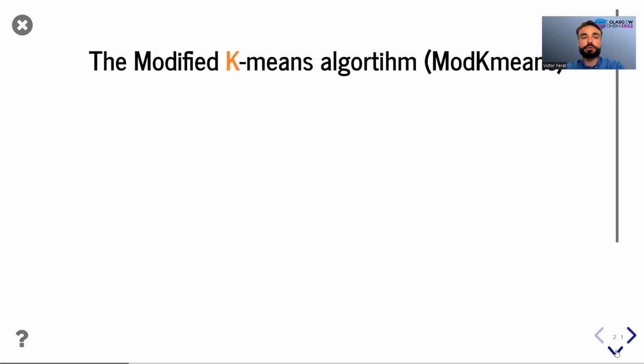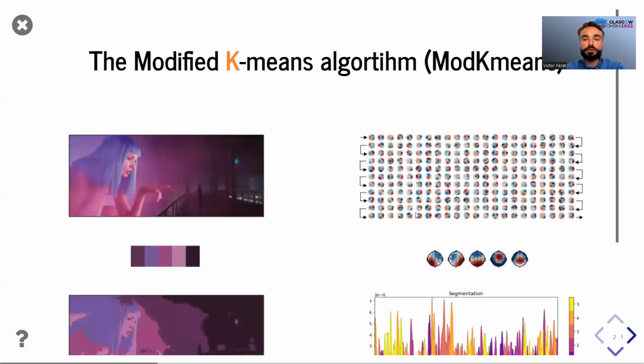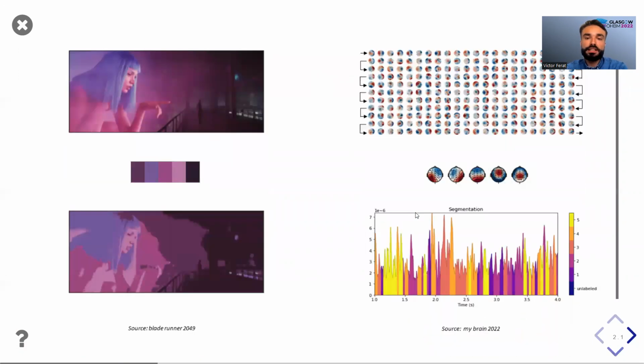So first, what are EEG microstates? EEG microstates are a way to decompose your EEG signal into different segments of data. We can take this metaphor where we have an image and we want to find the main colors of this image.